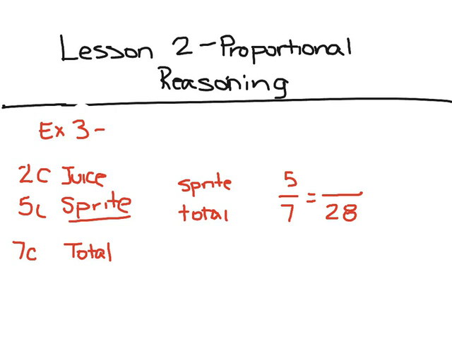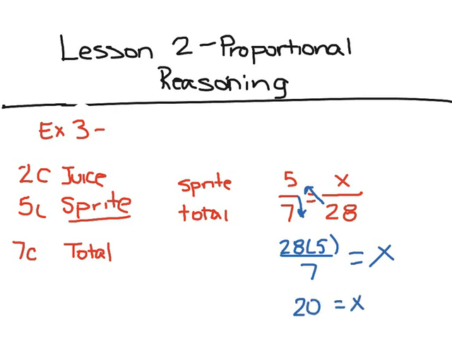The bottom is always your total numbers. And we want to know Sprite, so we put X on the top. Now we're going to solve, so we multiply across. So 28 times 5 and divide down. So divide by 7. 28 times 5 is 140. Divided by 7 is 20. So you would need 20 cups of Sprite.